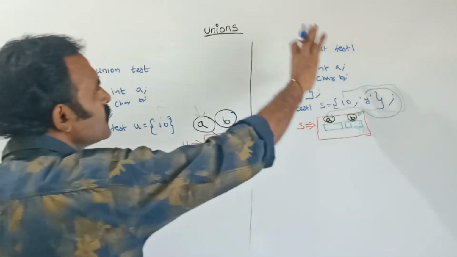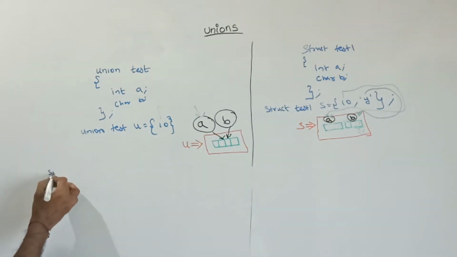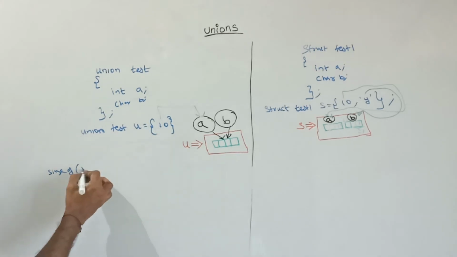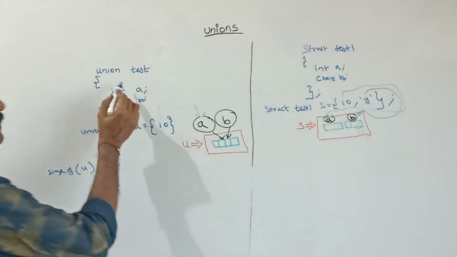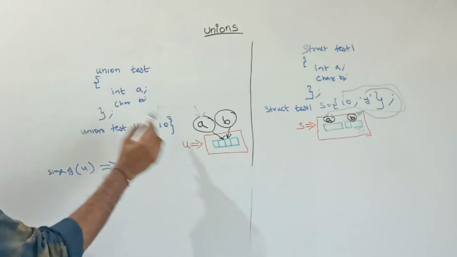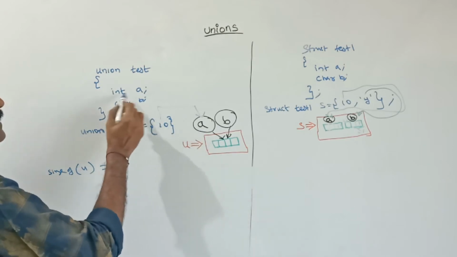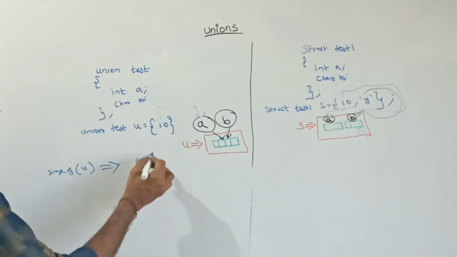For the structure also the same thing, first one integer and second one character. Suppose you find the size of this union, what will be the answer? The biggest among these two members will be allocated for each and every member. Integer is the biggest one, 4 bytes, so the answer will be 4.